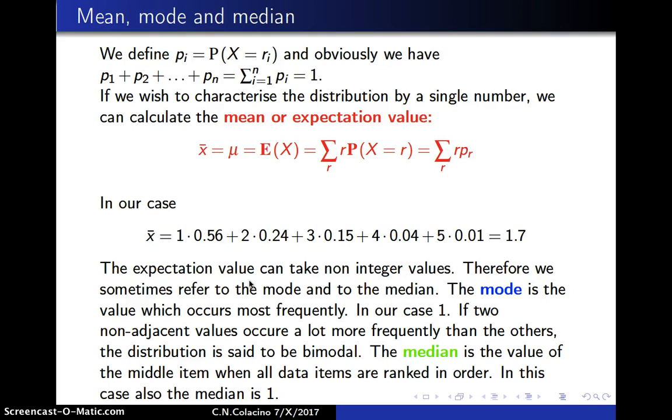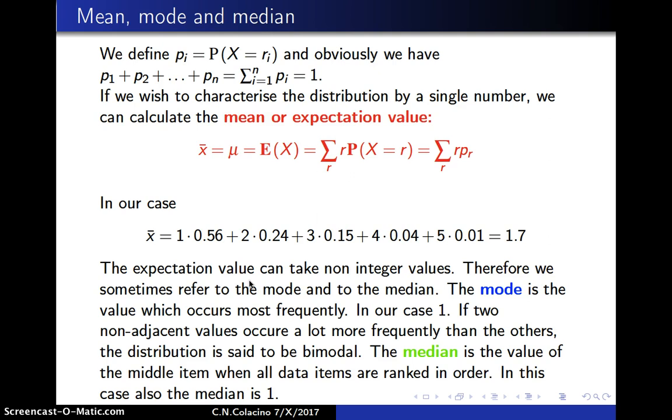If we wish to characterize the distribution by a single number, we can calculate the mean or expectation value. X bar equals mu, this is a Greek letter, equals E of x, the expectation value of x. It's just the sum of the value r times the probability that the random variable takes the value r.